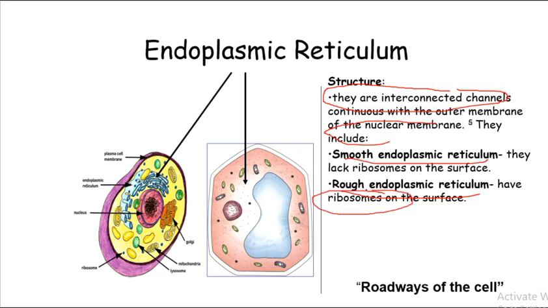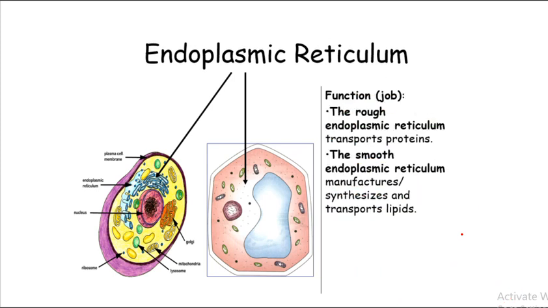As we have said earlier about the ribosomes, some are found within the cell, and others are embedded onto the rough endoplasmic reticulum. Basically, we can describe the endoplasmic reticulum as the roadways of the cell. Roadways means pathways of the cell. It provides a path or road to transport cell secretions like proteins and lipids.